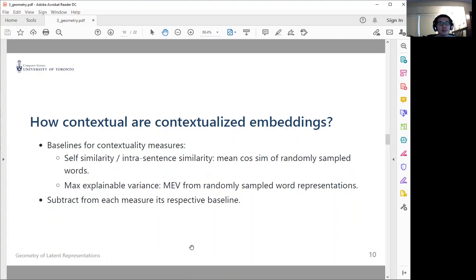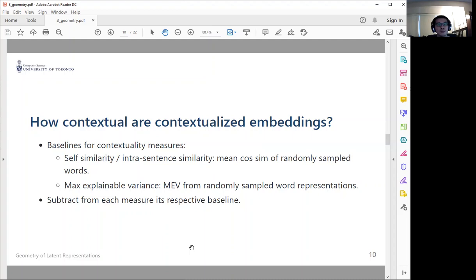These two apples have different meanings, but if their cosine similarity is, let's say, 0.9, this does not say too much about the embedding method, because the baseline could be like 0.5, or 0, or even 0.97.